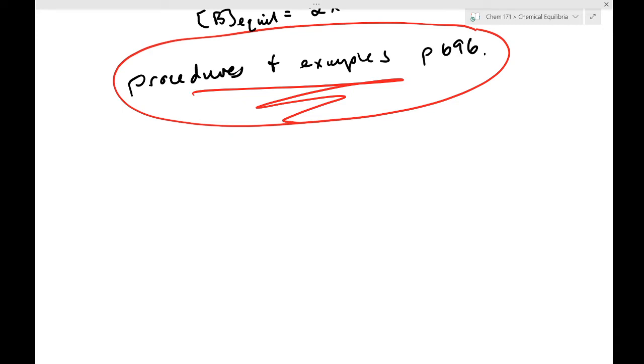There's a bunch of examples throughout this entire chapter that are quite useful, but these in particular are very useful. If you work through them, I think it will be a lot easier for you to understand the process of the ICE table or solving for equilibrium concentrations, etc. Okay?